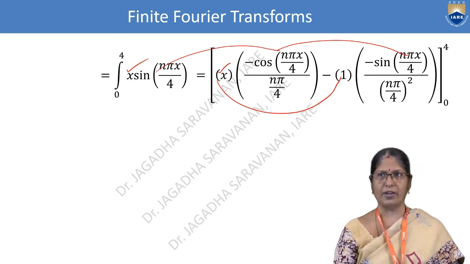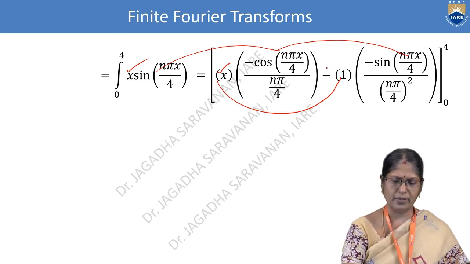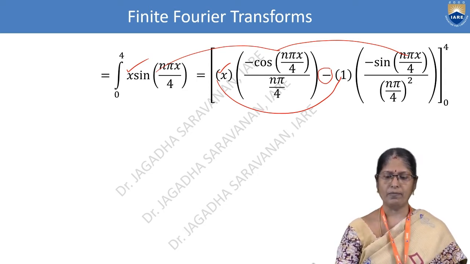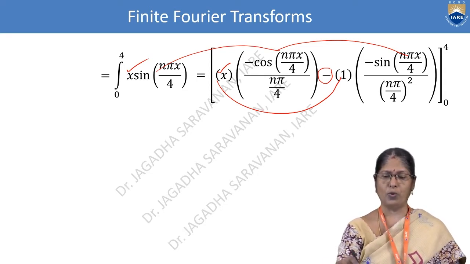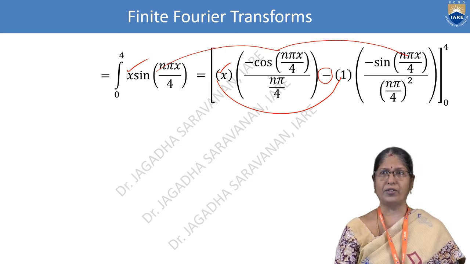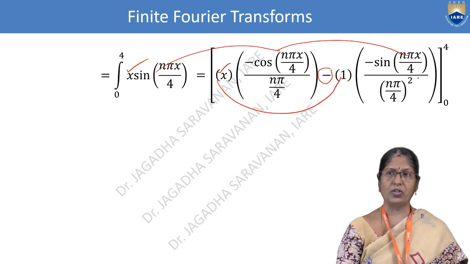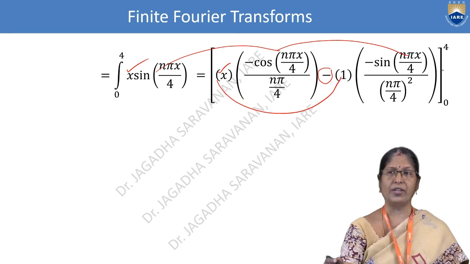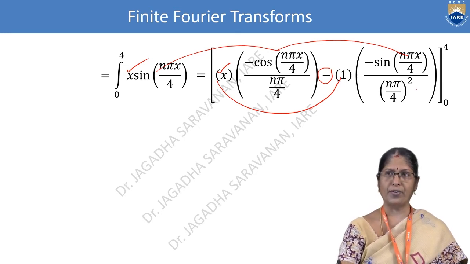The middle sign is the alternating sign to be followed in this type of integration. The procedure is stopped because the differentiation of 1 is again 0, so the integration is stopped here, from 0 to 4.